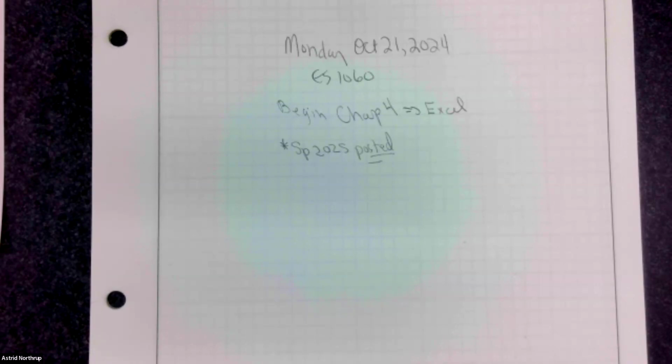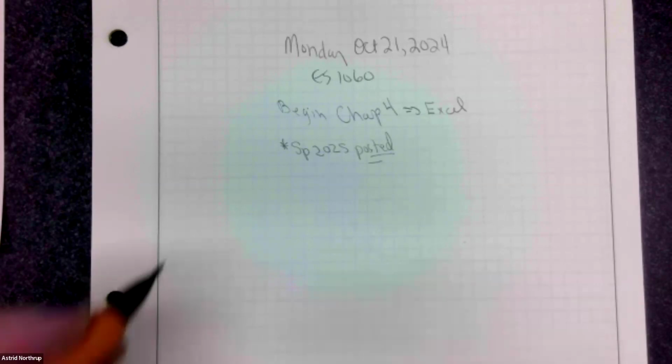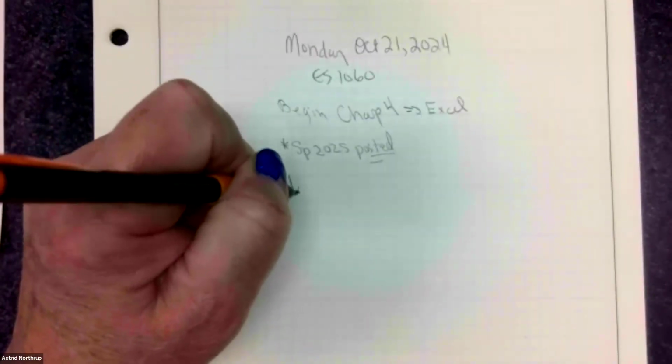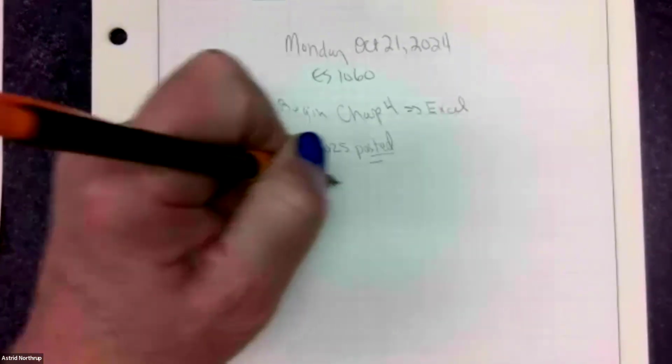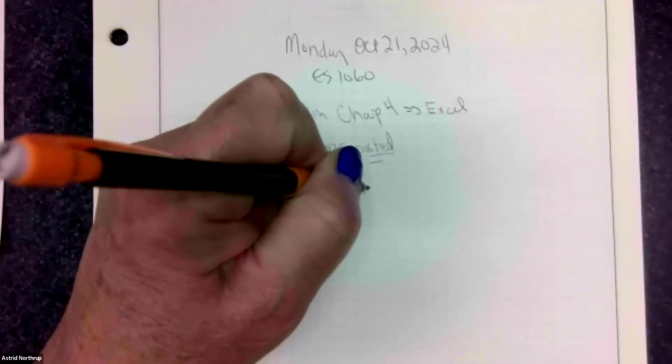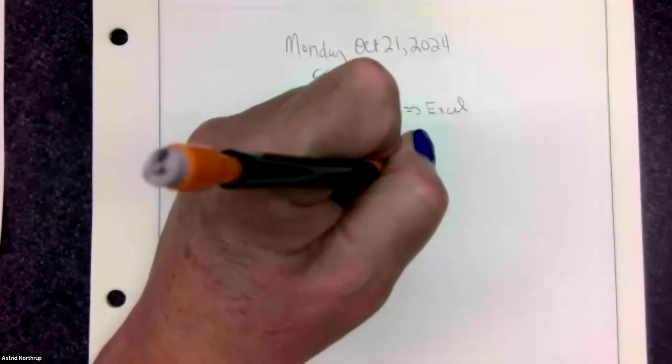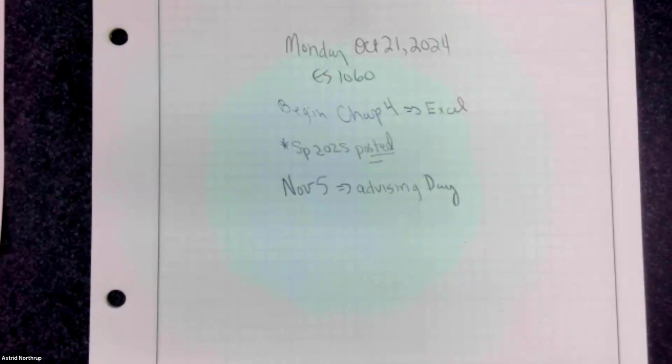But anyway, the other thing I would like to remind you of is November 5th, Tuesday, is advising day. And what that means is it's an opportunity for you to meet with your advisor and get your schedule set up for the spring, and also just a chance to talk about your academic goals.